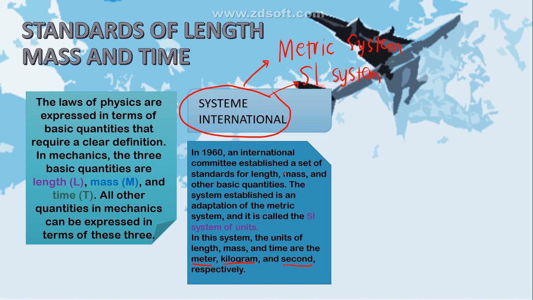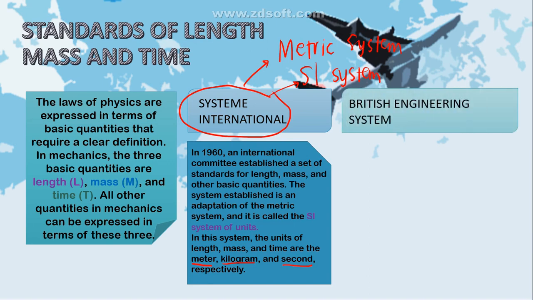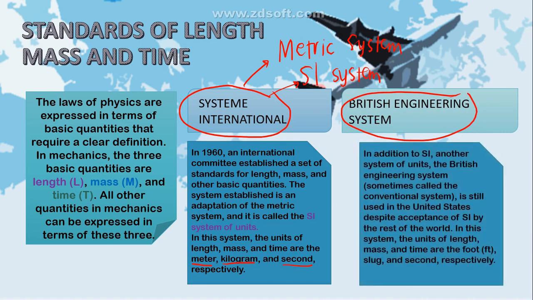Whereas, the second system is known as the British engineering system. The British engineering system was used, and is used up until now, in the United States. We know it also as the conventional system, or it is most known as the English system.